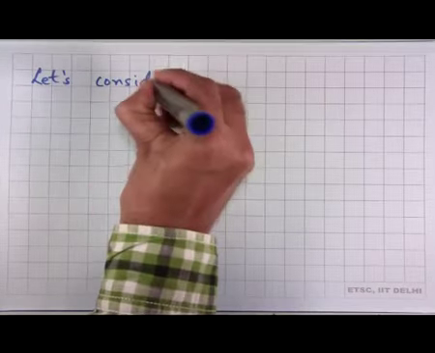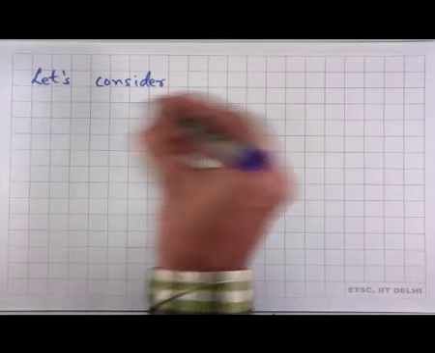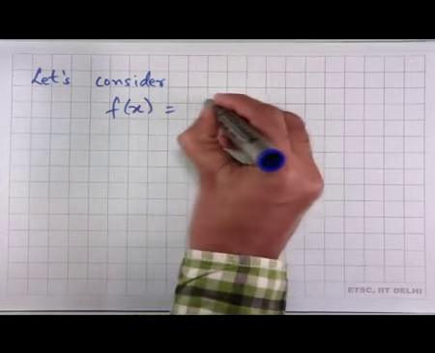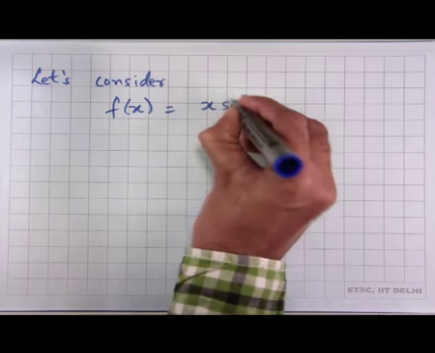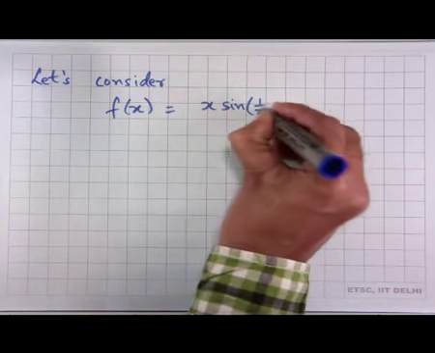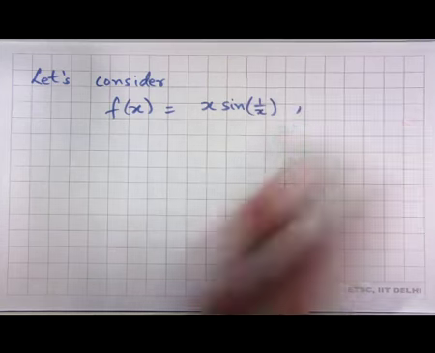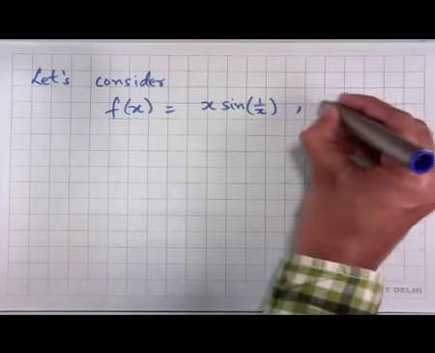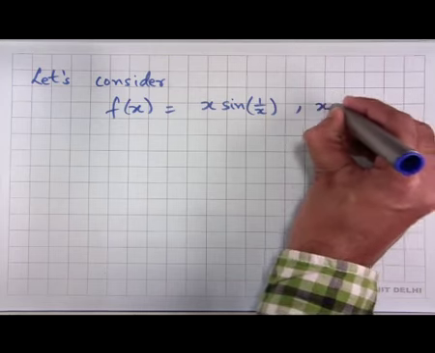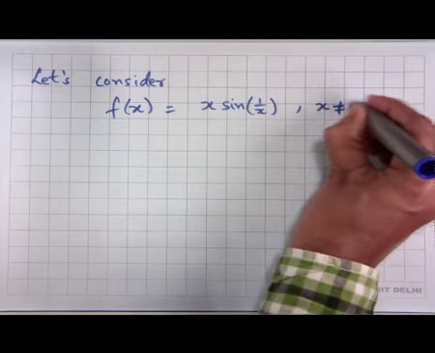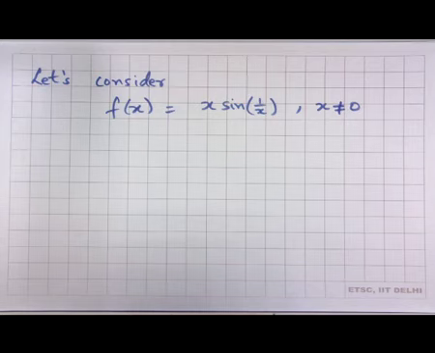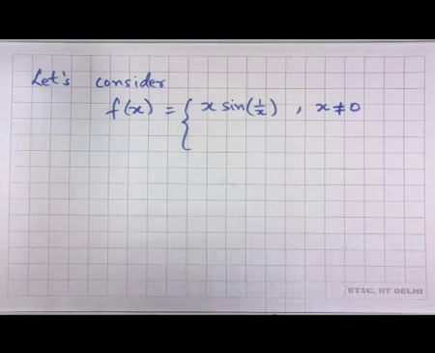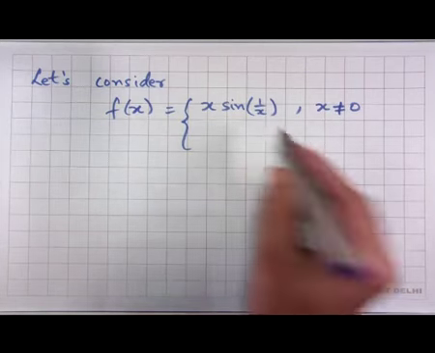Now, let us consider this example, f of x which is equal to x times sine of 1 by x, and because I am writing 1 by x, this does not make sense for x equal to 0. So, I define this to be the value of the function for x not equal to 0, and this is not defined for x equal to 0.